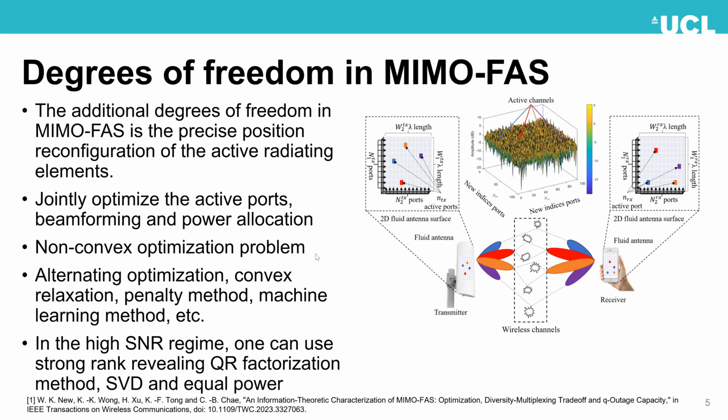So to solve this optimization problem, one can look at alternating optimization technique, convex relaxation, parallelity methods, machine learning methods, and so on. But at high SNR, it is possible to actually use strong rank revealing QR factorization, SVD, and eigen decomposition to obtain a very efficient or near optimal result, perhaps as a benchmark.